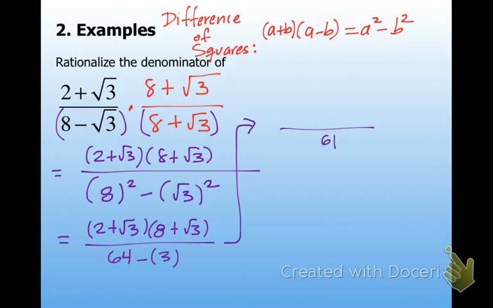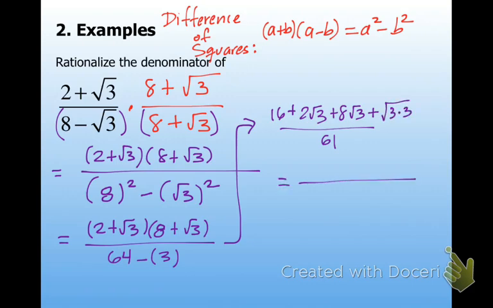But I also have to multiply the numerator. What do we get when we multiply those binomials? Well, 2 times 8 is 16. Okay, we studied that. 2 times the square root of 3, a positive times a positive is a positive. 2 times the square root of 3. The square root of 3 times 8, they are positive, right? Positive times a positive. And the square root of 3 times the square root of 3.